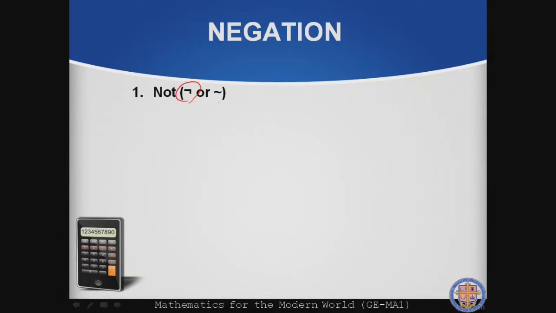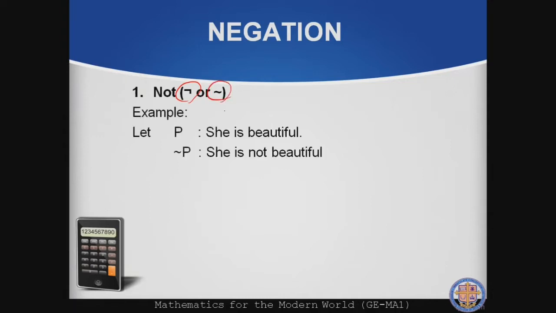So, para siyang L na nakahiga, and this curl. Example, let P be the proposition she is beautiful and not P be the proposition she is not beautiful. So, when you see this symbol, you read this as not P. Okay? So, that's the negation.